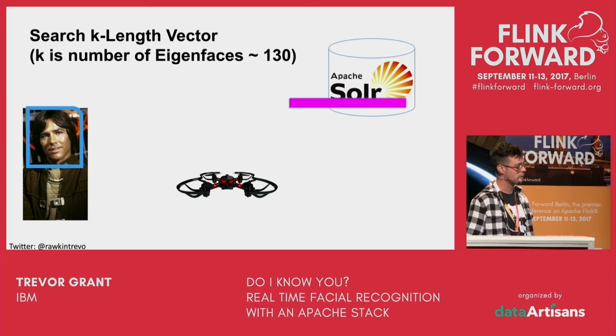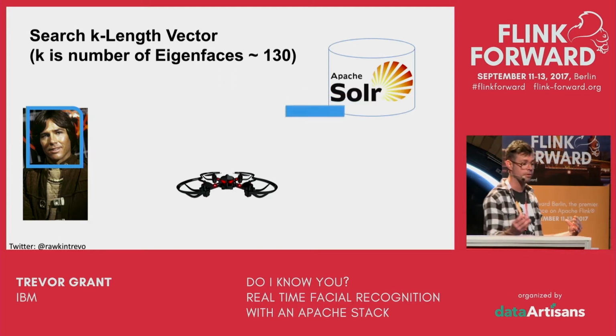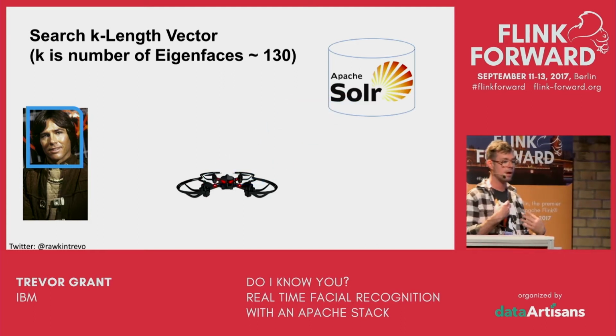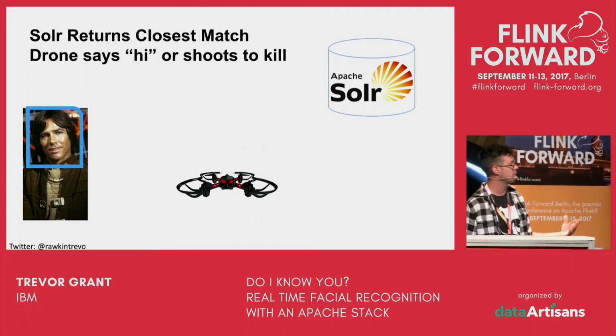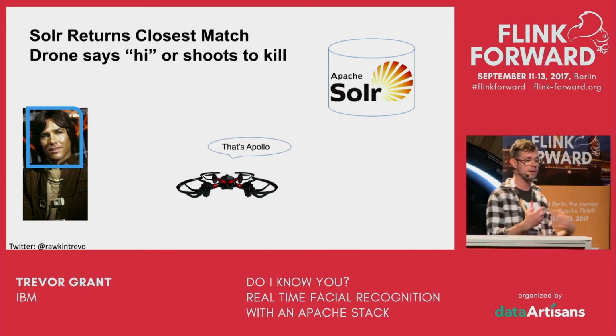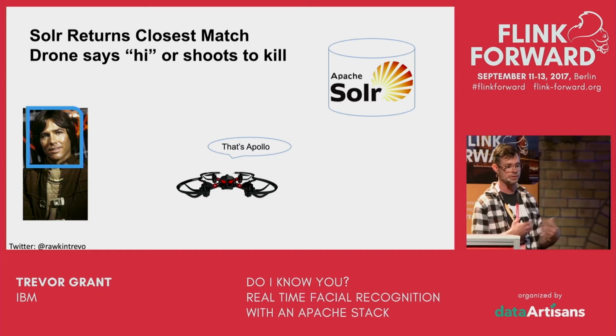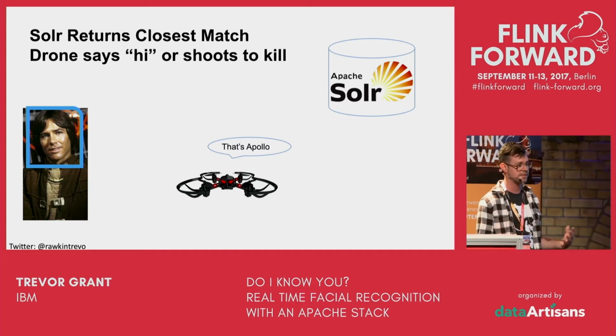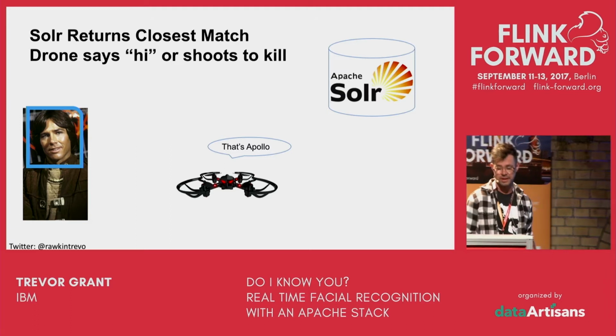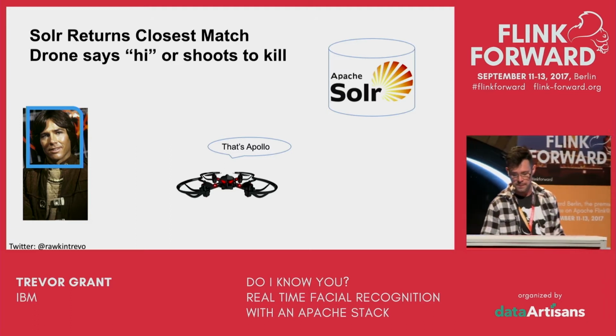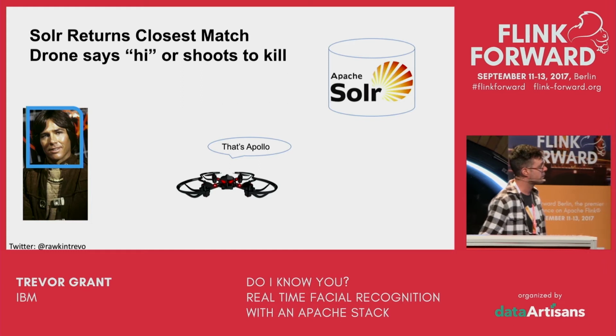We search Solr for that, a vector of length 130, which is much more efficient. And Solr then returns back, and Solr has a lot of built-in functionality for searching the closest, distance metrics. We're just looking at basic distance metrics. I think it's Euclidean in this one. And that's how we can do facial recognition.